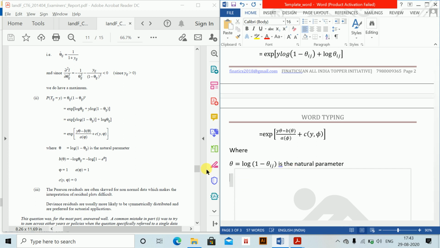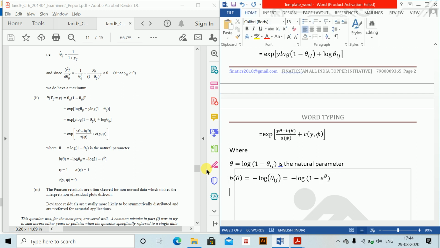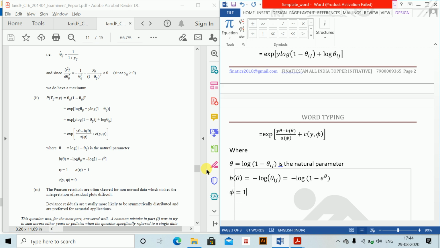Okay, and b of \theta is equals to minus log of \theta_ij, which is equals to minus of log of 1 minus e to the power \theta, and \phi is equals to 1, and a of \phi is equals to 1, and c of y comma \phi is equals to 0.